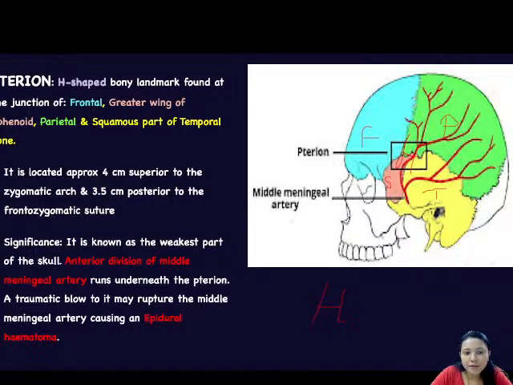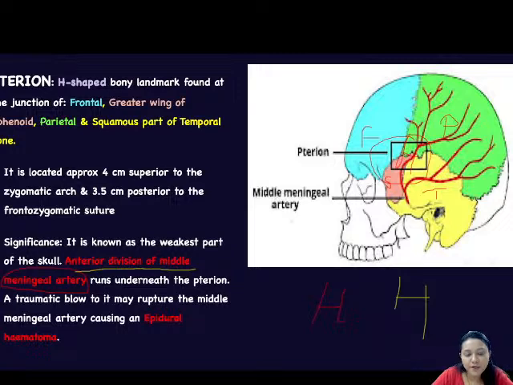And what is the significance of this point, Pterion? इसमें क्या होता है? You have an artery, that is the middle meningeal artery. You have the anterior division of the middle meningeal artery underneath this Pterion, underneath this H-shaped landmark.